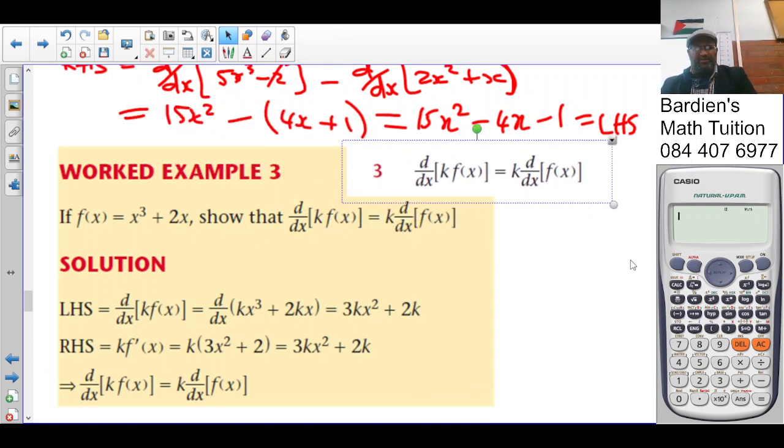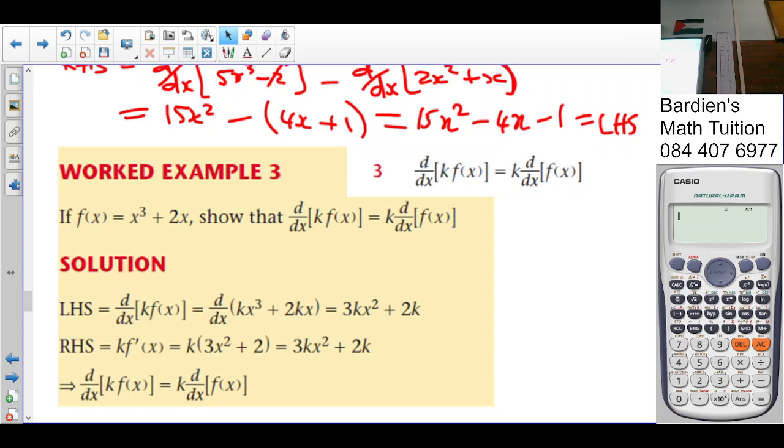This is the rule I wanted you to take note of. The derivative, you see in this case k is a constant. A constant times the function is equal to k times the derivative of the function.